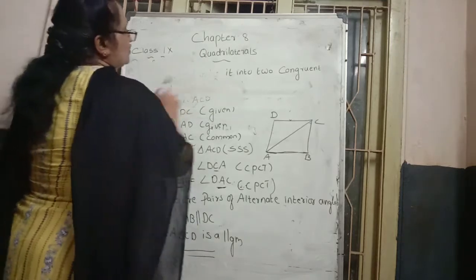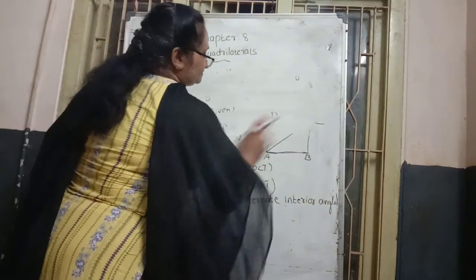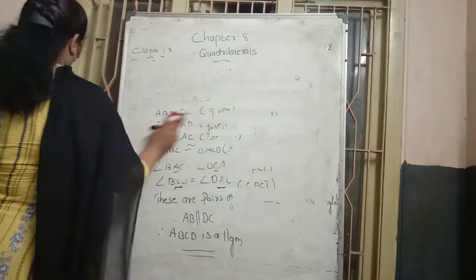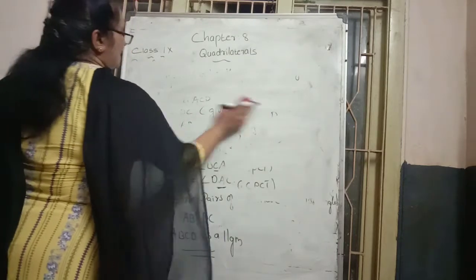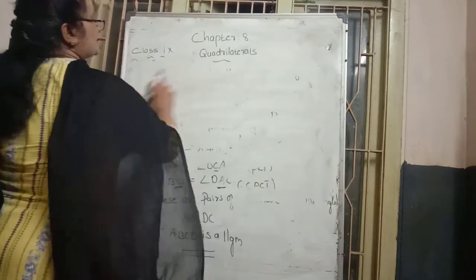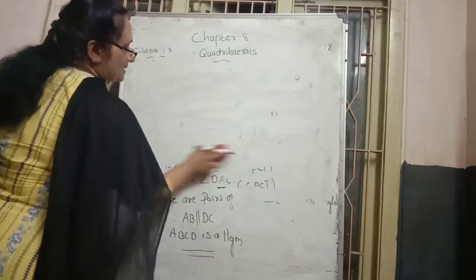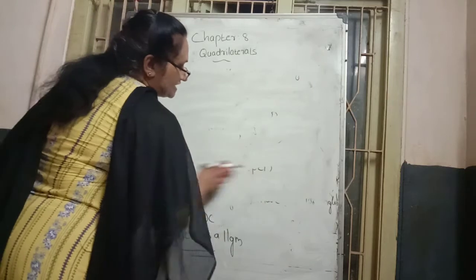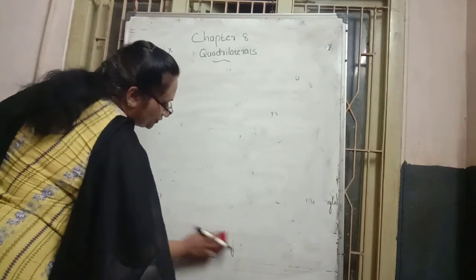Next, the fourth theorem. The fourth theorem tells about another result. It says that the diagonals of a parallelogram bisect each other. Diagonals of the parallelogram bisect means they cut each other. We want to prove that.